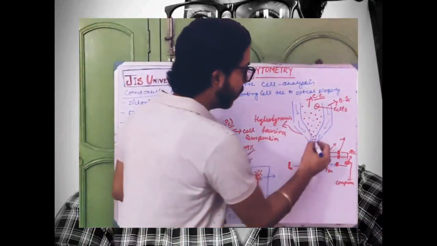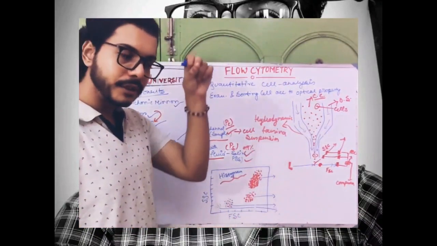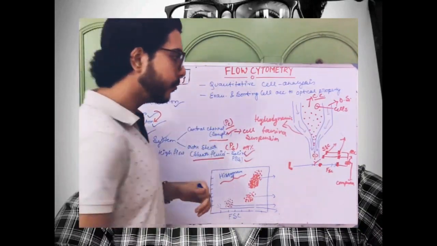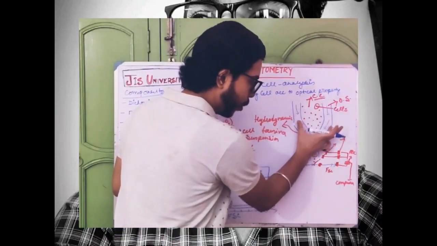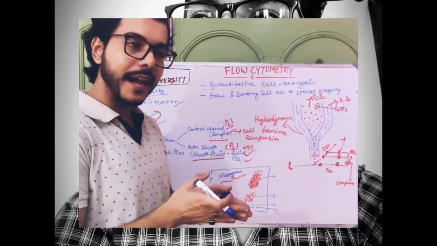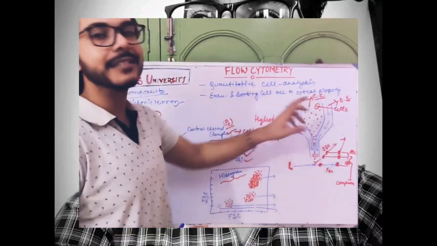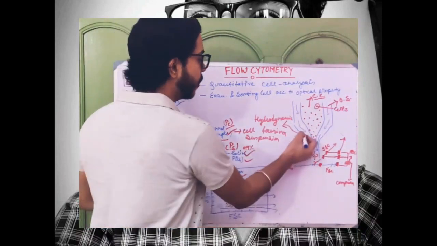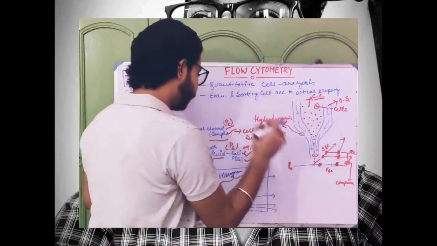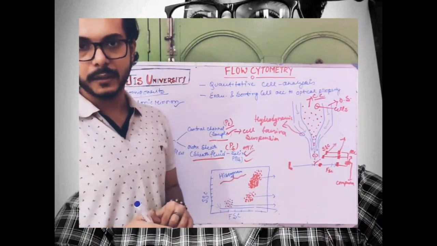It is so tiny that only one cell will pass through. And the flow from the outer sheath is an influencing factor to maintain a streamlined, equal flow of the cell suspension. That's why this region is called the hydrodynamic focusing region, and this phenomenon is called hydrodynamic focusing.